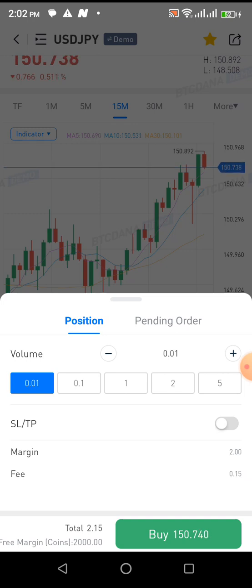Meaning that when the price reduces to 7, the market should close against you. That's the meaning of stop loss. When you drop down to price 7, the market should close against you. And when you get to price 20, the market should close for you in profit.